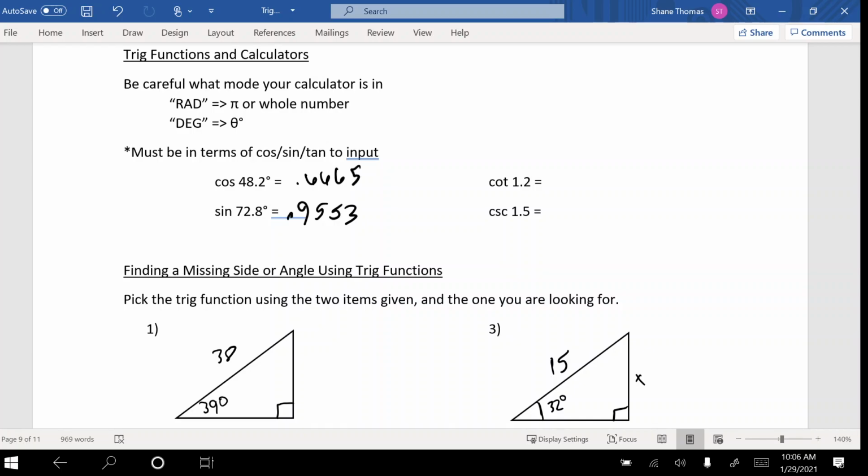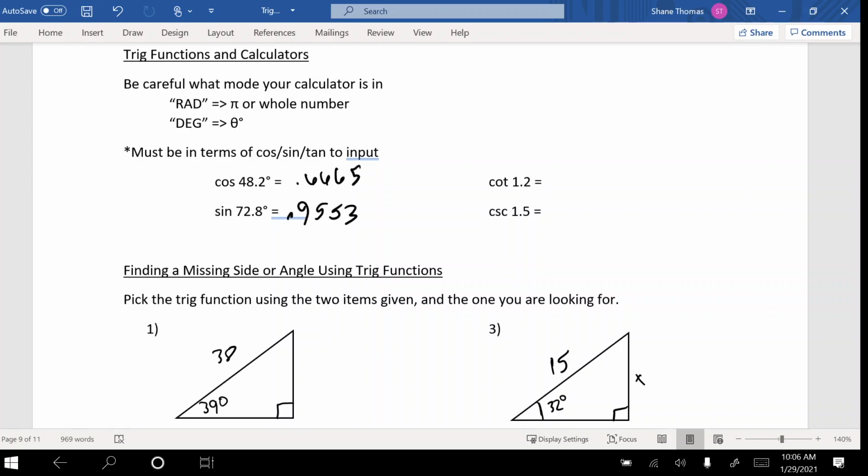I rounded off to 4 decimal places. 0.95527. I got 0.295. Yeah, you put it in cosine. Did you put cosine? Did you put sine? Oh, my bad. I get it now. Yes, cosine. You want sine. I get it. Come on, Reese. Okay, you're right. Of course I'm right. No, you're wrong.